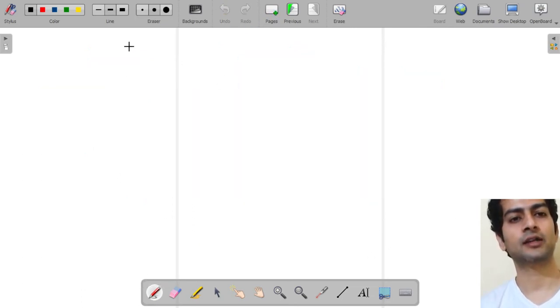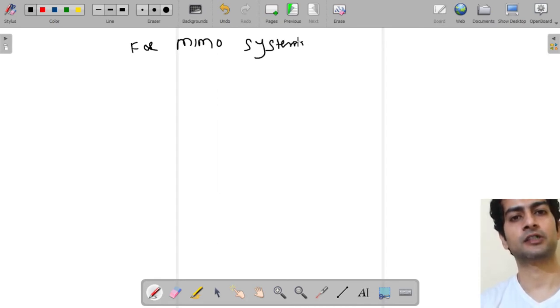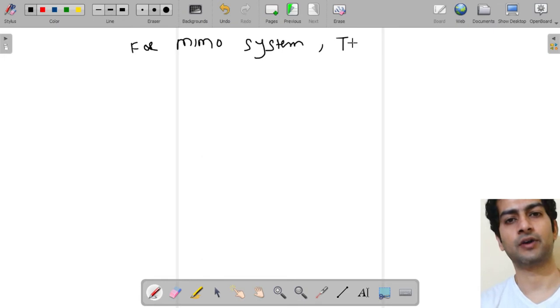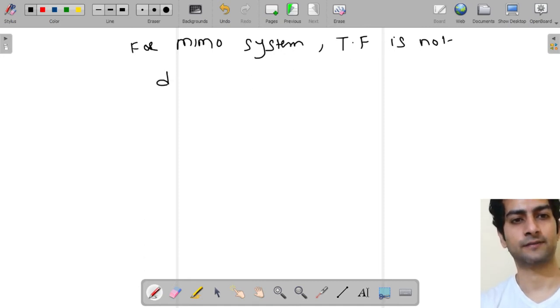So what we can conclude here is, for a MIMO system, transfer function is not defined.